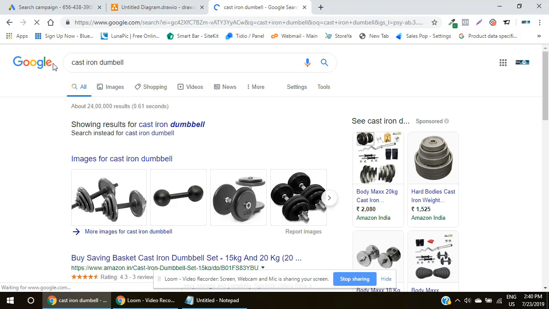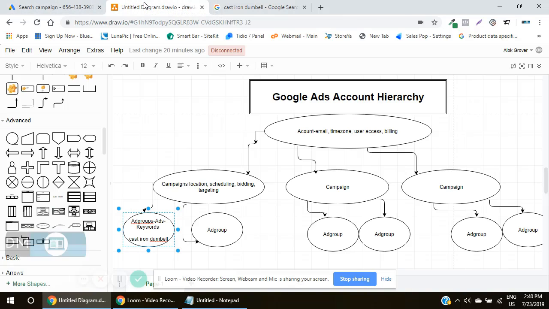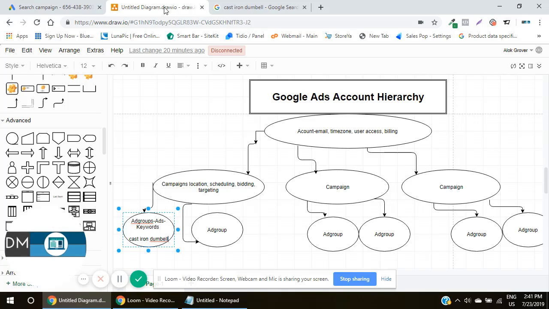You have used this term, and I have also used the term cast iron dumbbell as my keyword. For you, as somebody who is searching, it is known as a search query. However, for me, it is known as a keyword.